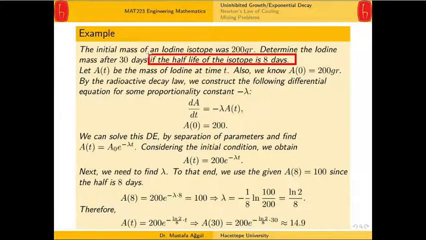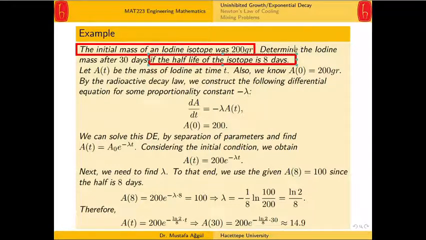This is the given information and this is the initial amount, and we know this is radioactive decay, so we use the radioactive decay law assumption, and also the initial amount, and also the half-life of the isotope, which is extra information to find the constant lambda.